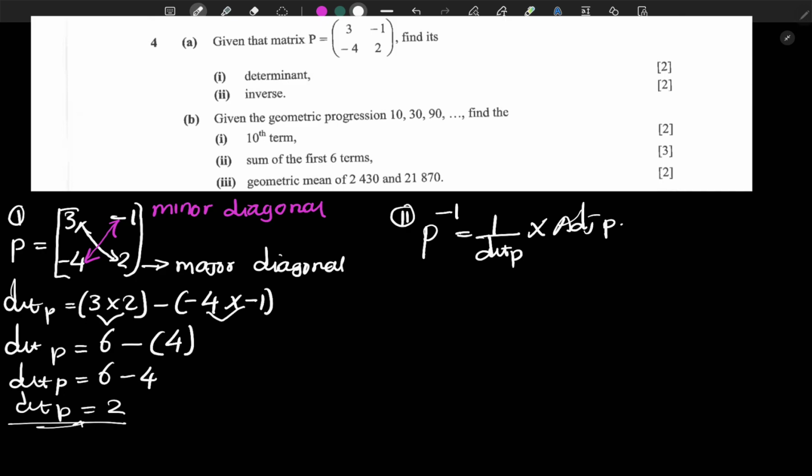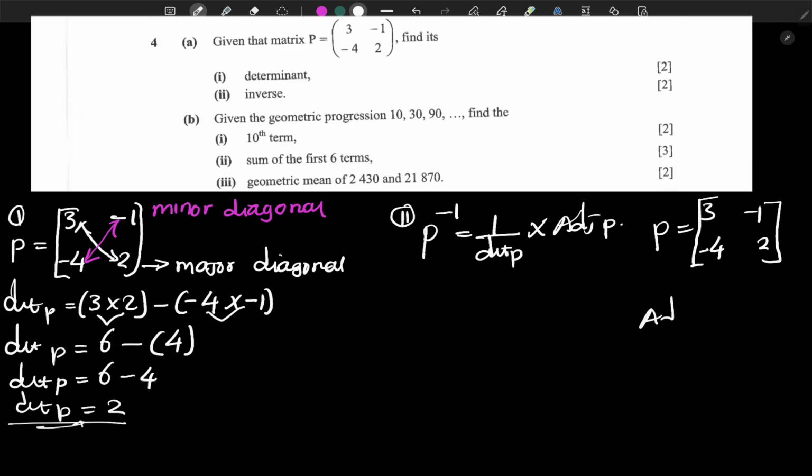All we need to do here is to find the adjoint of matrix P. So I'm going to write my original matrix here. So we have 3, -4, -1 and 2.